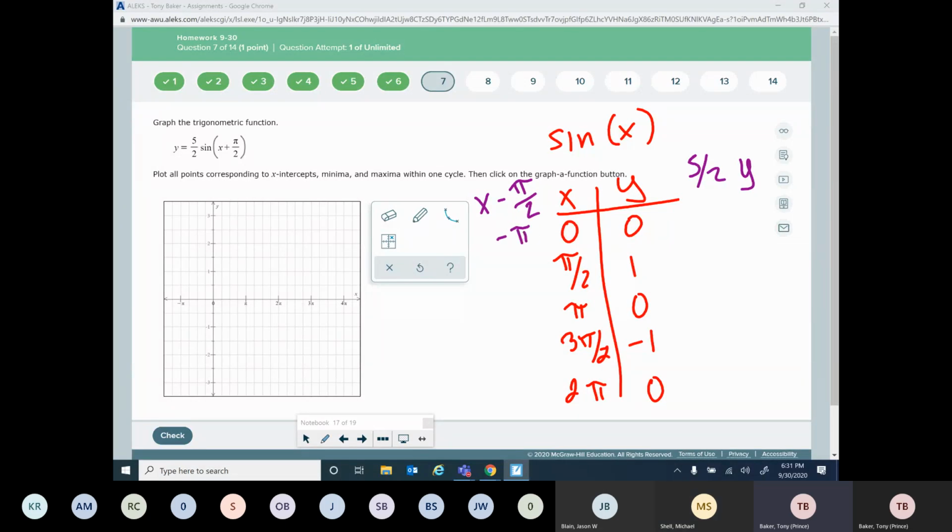So that's negative pi/2, 0, pi/2, pi, and 3 pi/2. And this would be 0, 5/2, 0, negative 5/2, and 0. So you're just going to do your transformations to both sides. And I'm not going to graph this one, because you guys know what it's going to look like at this point.